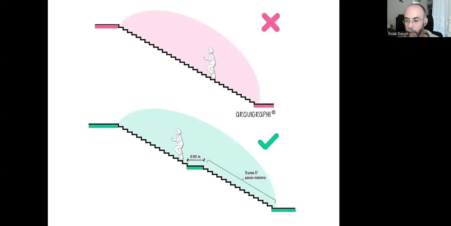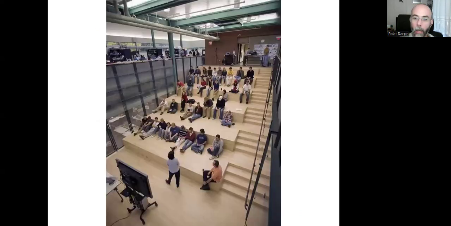If you are designing stairs that has more steps than 17, then you can provide them a landing. And also the landings can be used to execute other functions.